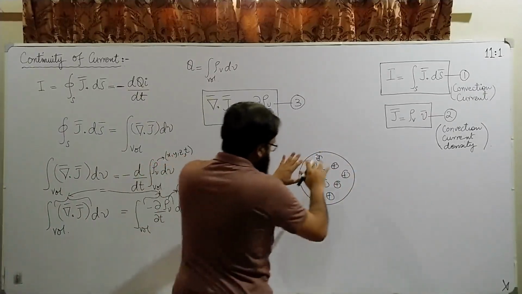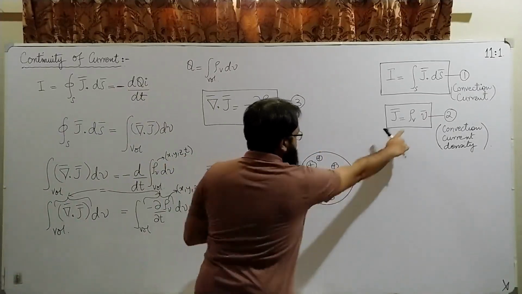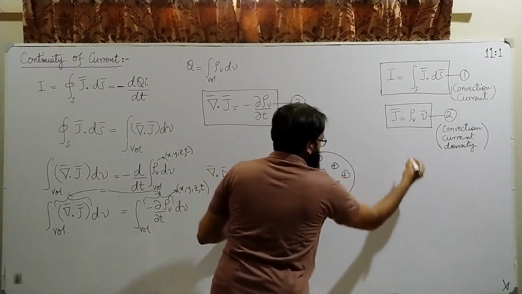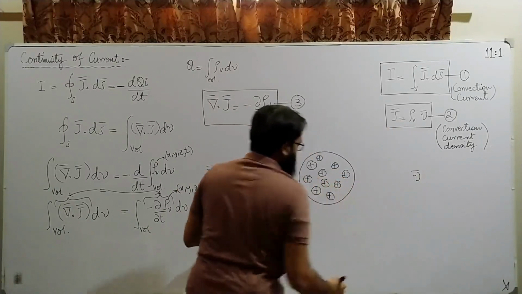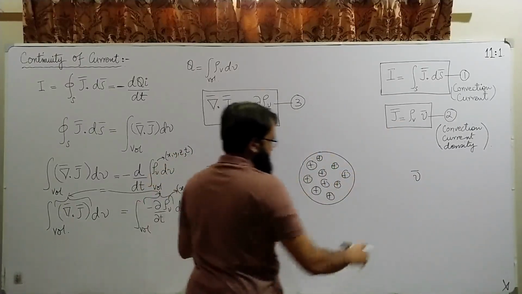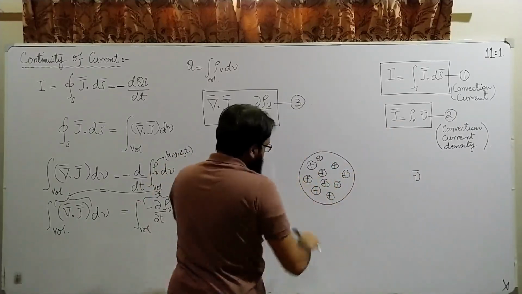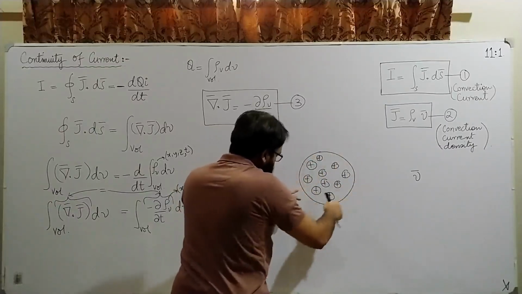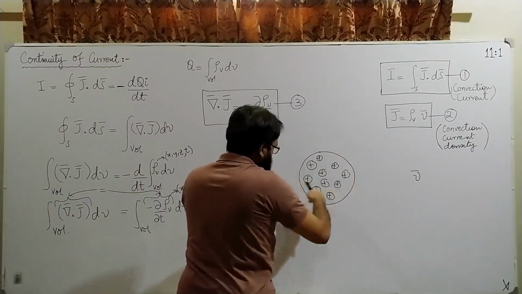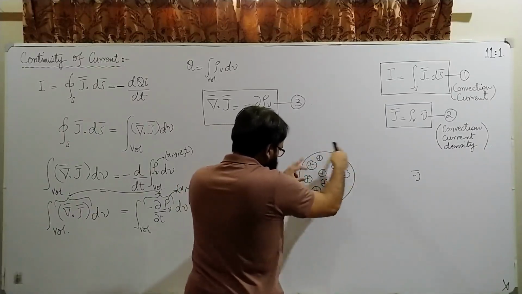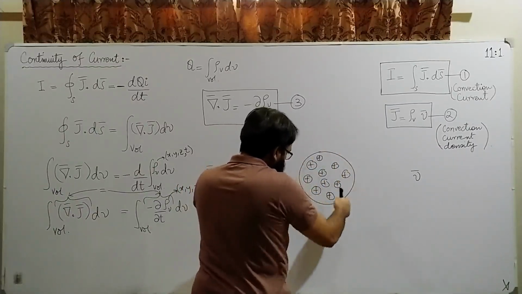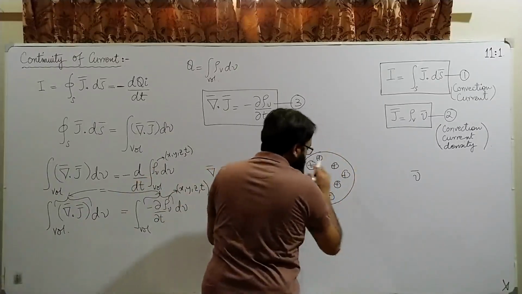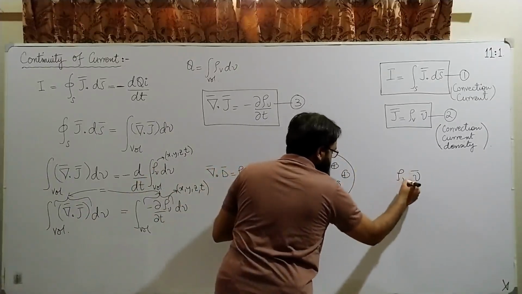Let's say the charges are moving with a certain velocity v in a particular direction, which is considered here, and as I said, there is some concentration of charges across the whole cross section and also along the whole volume, and let's say that density is rho v.